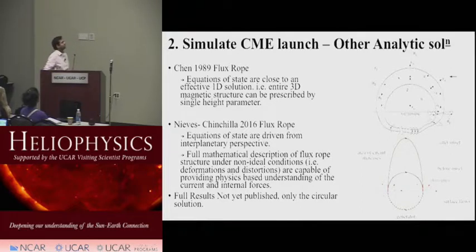There's another solution coming out in publication now, by Nieves Chinchilla, and she created it from a heliospheric point of view. She looked at it from space, at solutions using time series of in situ data, and tried to create a mathematical solution that allows for many different current densities occurring.